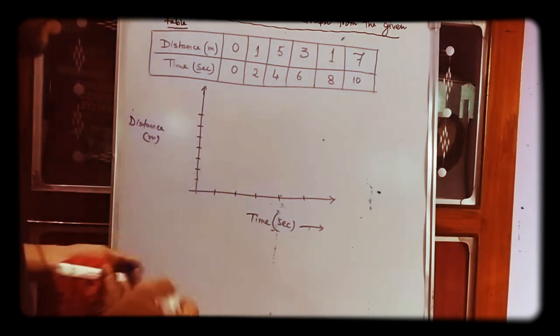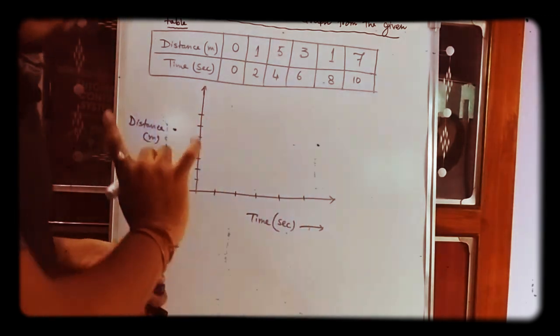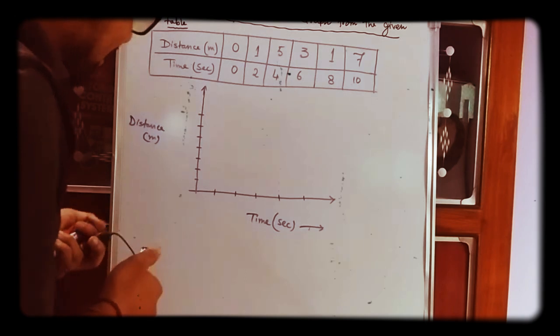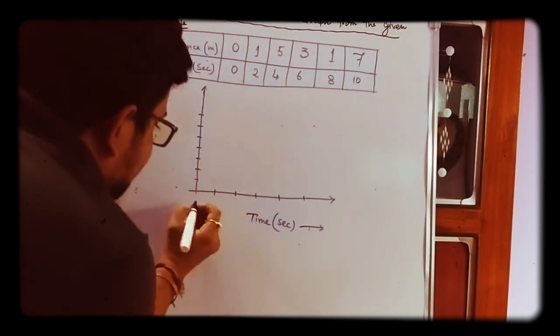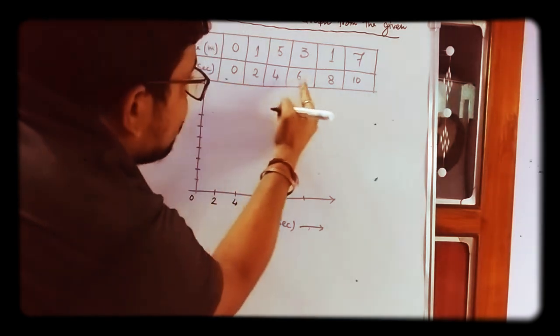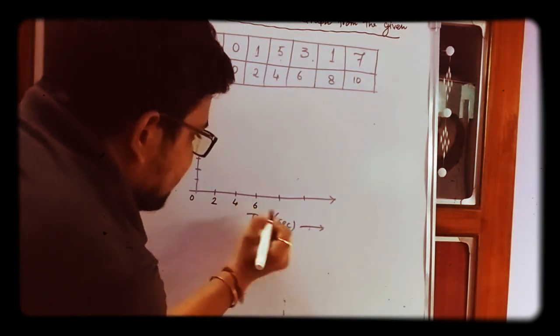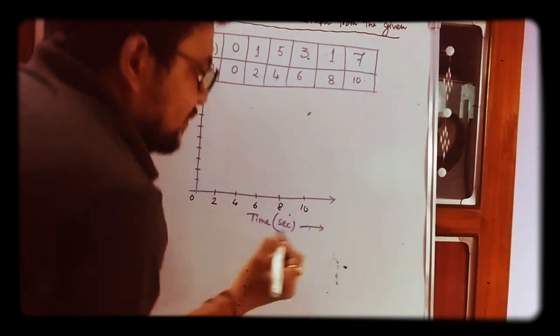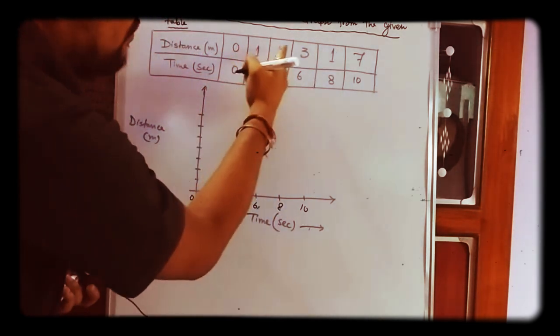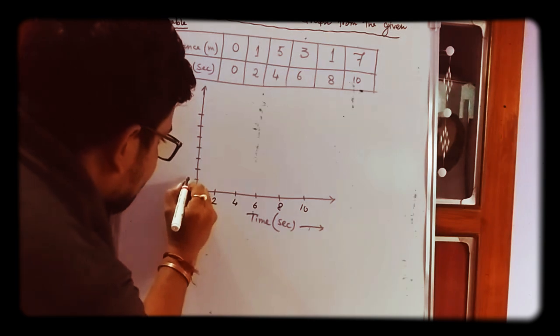Now next, as I told you, all the points have been marked. You can write here, this is the 0 point, then 2, 4, 6, 8, 10. Next, on the y-axis, the distance axis, 0 is already done, then 1, 2, 3, 4, 5, 6, 7.